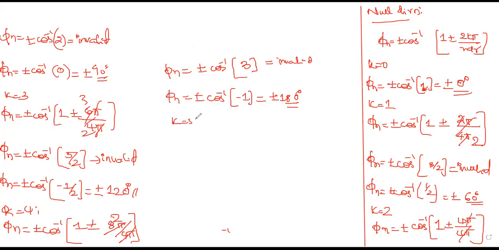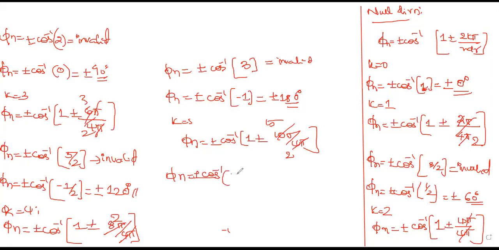Again, k is equal to 5. So phi null is equal to plus or minus cos inverse of 1 plus or minus 5 2s are 10, 10 pi by 4 pi. So this is 2, this is 5. The first value, 1 plus 5 by 2, will be cos inverse of 7 by 2, which is again invalid.